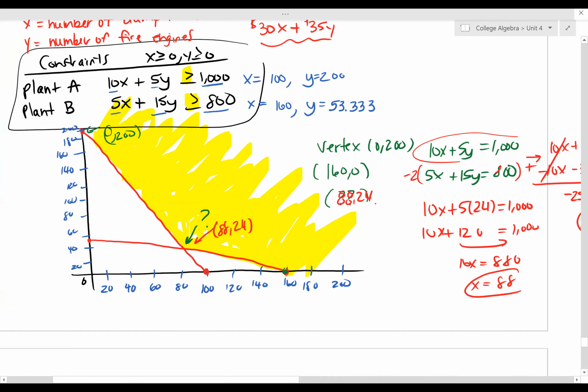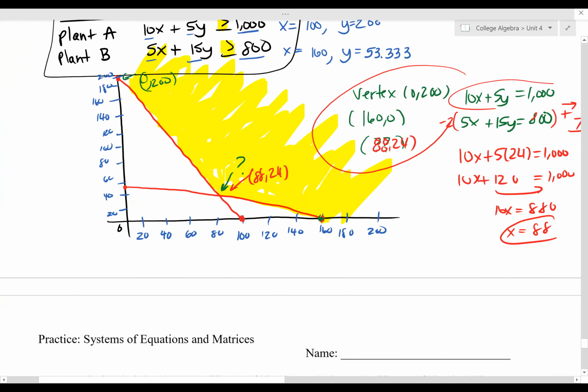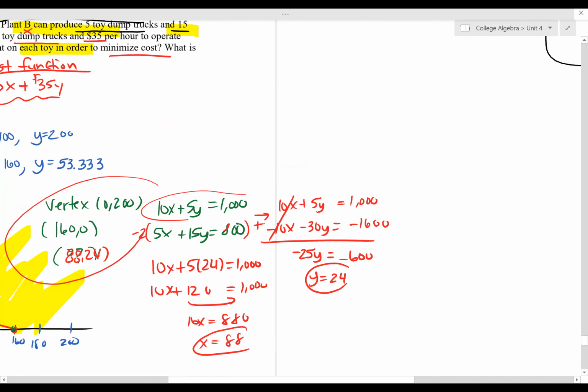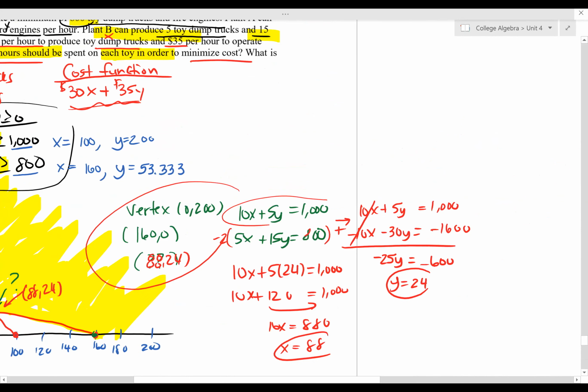And now that we've got our 3 vertices for that region, we can use the cost function. Remember, this time we want to minimize the cost, so we're looking for the lowest number. The cost function is 30x plus 35y.